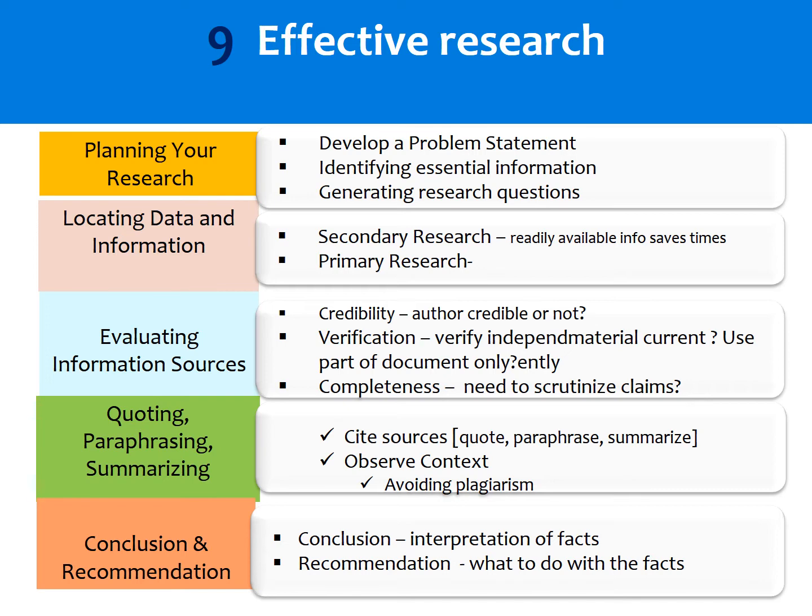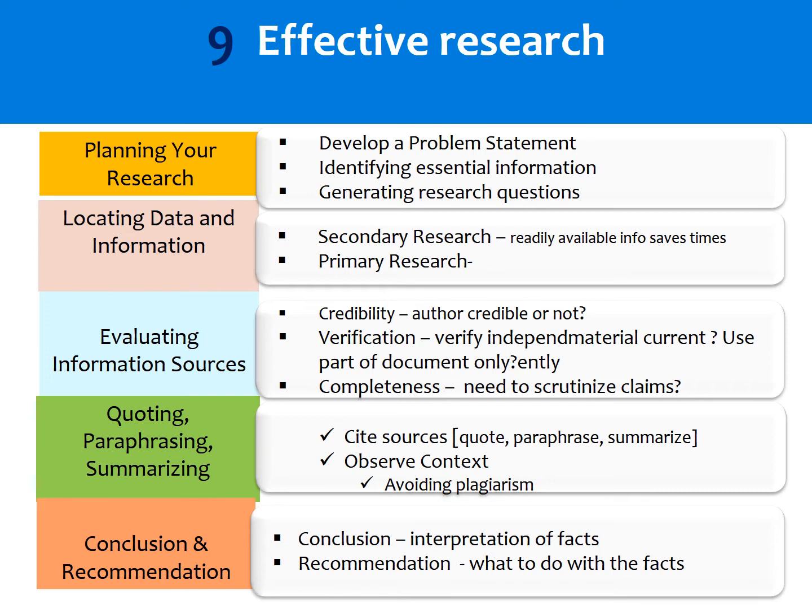So what do we need in order to develop this problem statement? We need relevant information, and with the relevant information we can generate certain research questions that help us answer the problem. Now, the second one in here is locating data and information.